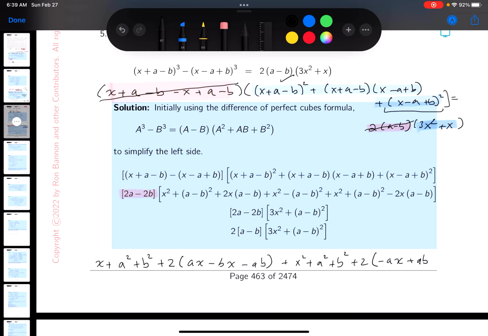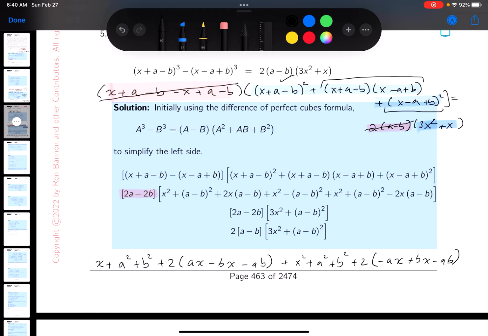I'm losing track of what I just said. So I got ax. Whoops, I went out of order. Sorry about that. Minus ax, and then it's going to be bx minus ab. I got to do this now.